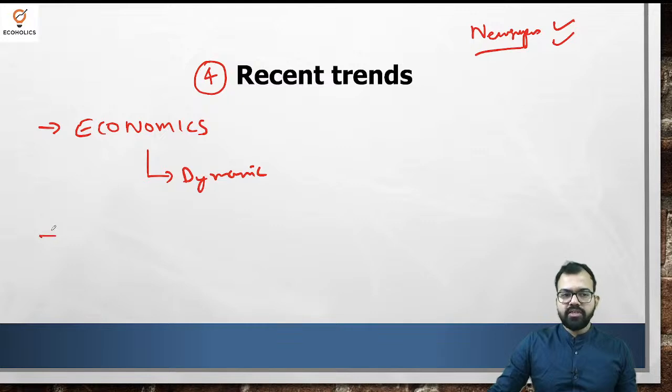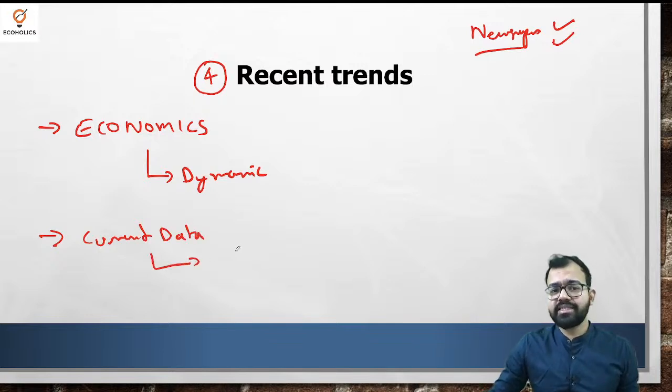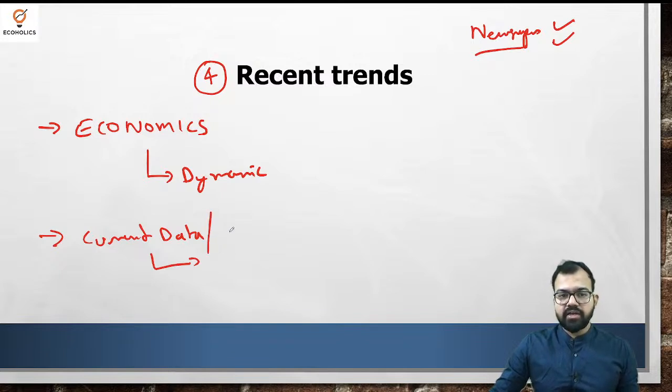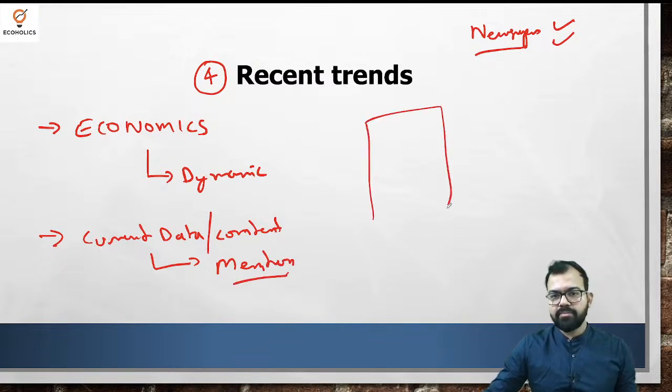Although UPSC is not asking current aspects or current data much, UPSC is saying that you should mention current data or current content in your answer. Suppose I am writing an answer on inflation.